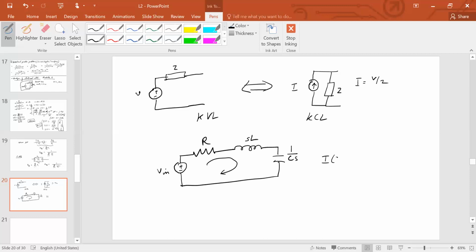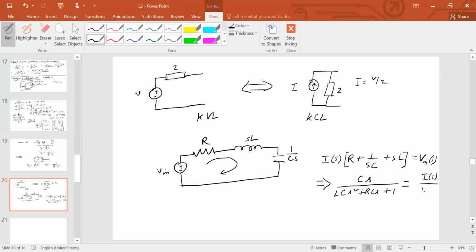So I can write I of S times R plus 1 by SC plus SL is equal to E in of S, which would in turn lead to an expression given by CS over LCS squared plus RCS plus 1 is equal to I of S over V in of S.